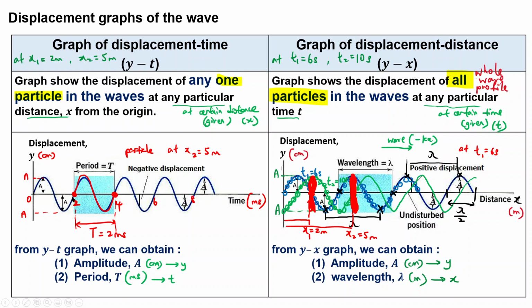When is it at equilibrium, and when does it return to equilibrium? Or you also can, not necessarily from equilibrium, measure from trough to trough, back to the original position.